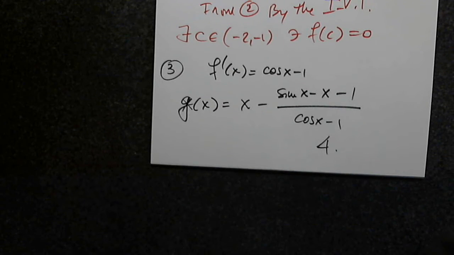I want to insert x minus, in parentheses, that's the top. Close the parenthesis and divide in parentheses by cosine x minus 1 and close the parenthesis. Oh, I didn't mean that. I meant this.